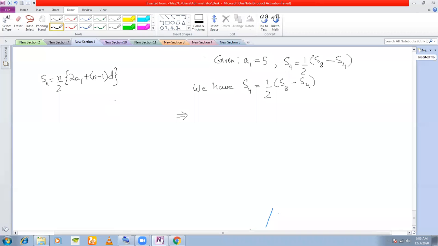So once we recall this formula, if we put it in this relation, S4 is equal to half of S8 minus S4. Now what is S4 here? 4 by 2 twice A1 plus 4 minus 1 into D. This is S4 is equal to half. Now S8.